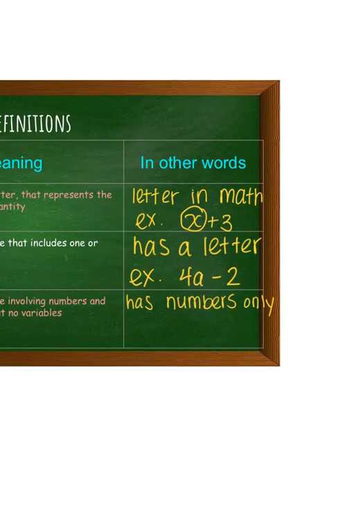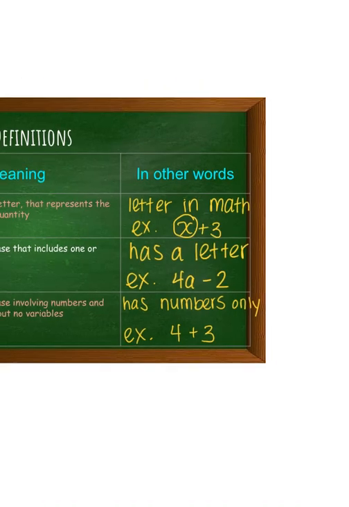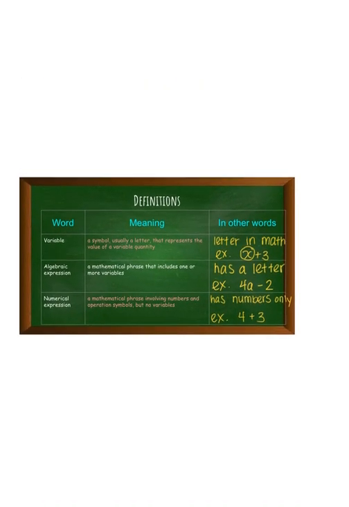So for example, it could be 4 plus 3, okay? Which we all know or should know that that's 7, okay? But since it has no letters, that is why it's a numerical expression, okay? Anything algebraic has a letter where we don't know what the quantity is, okay? Because right now, looking above at the second definition, algebraic expression, right here, we don't know what A is, okay? We do not know what A is.